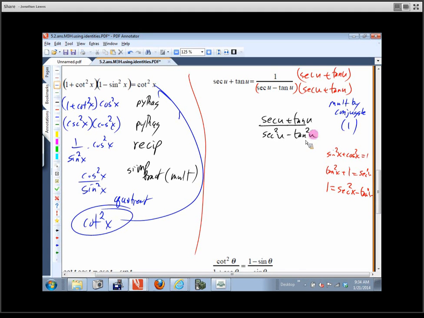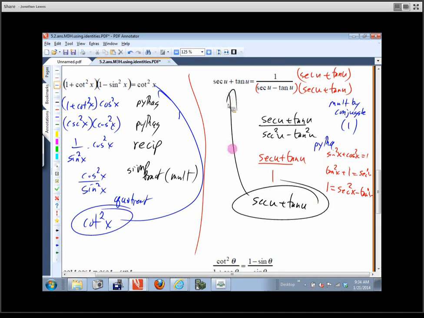So wherever I have a secant squared minus a tangent squared, I can put that over a 1. The rationale for that is Pythagorean. And then I've just got secant of u plus tangent of u.